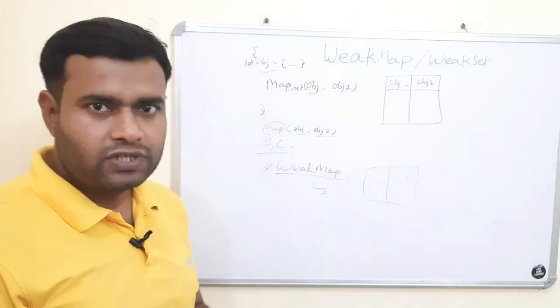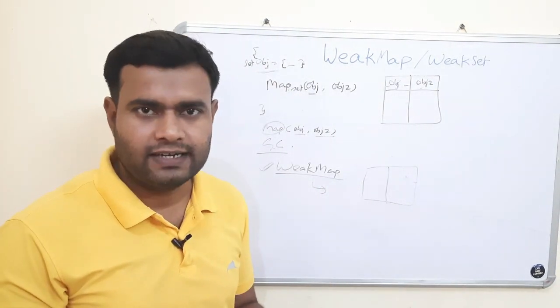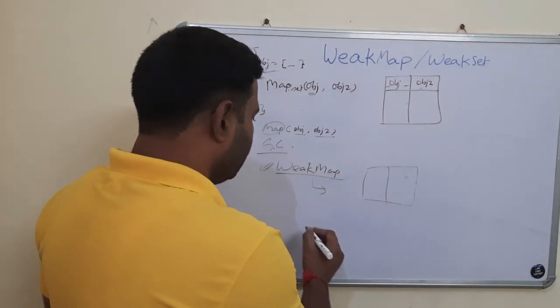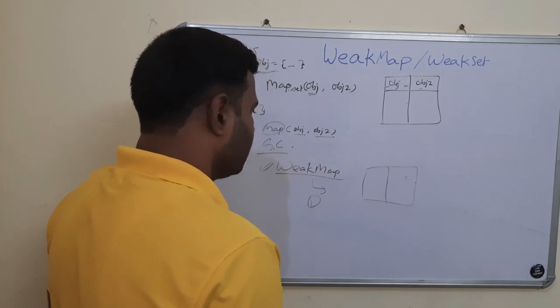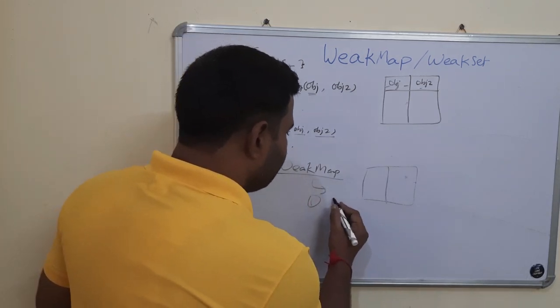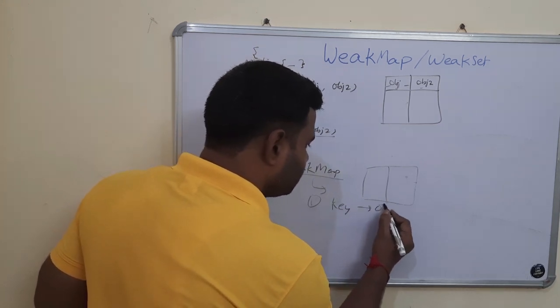so we have seen one use case. Let's talk about what functionality exists in WeakMap and WeakSet. There are a few limitations in WeakMap. The first limitation is the keys can only be objects. Keys will always be objects.